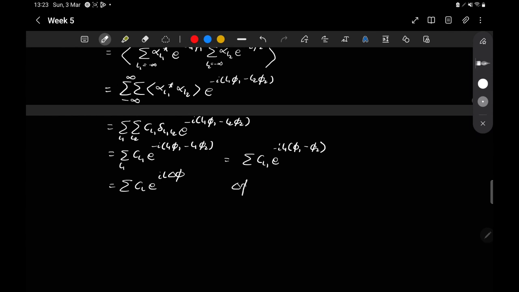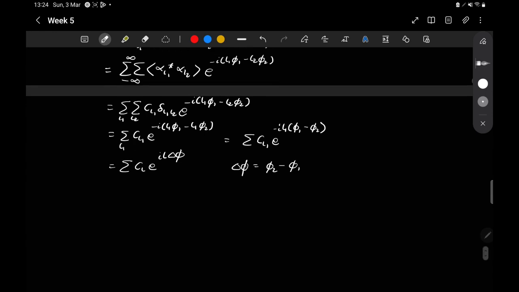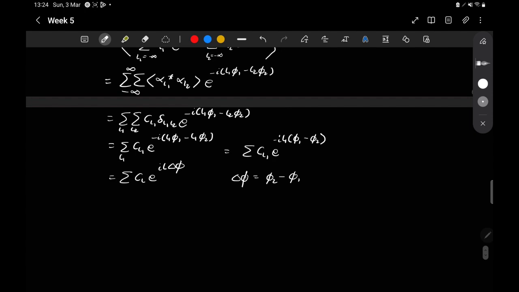So delta phi is nothing but phi 2 minus phi 1. Similarly, for the other cross term, it is just the complex conjugate.